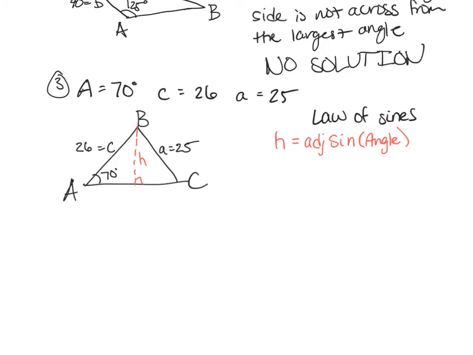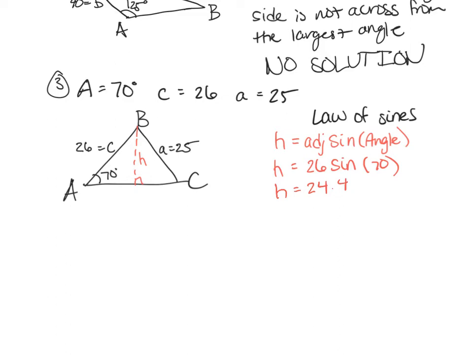So usually we say b sine of A, but in this case, I'm not dealing with side length b, I'm dealing with side length c, which is why I'm just saying adjacent side. So for us, that specifically is going to be h is equal to 26 times sine of 70. And when I plug that into my calculator, that's going to give me 24.4.